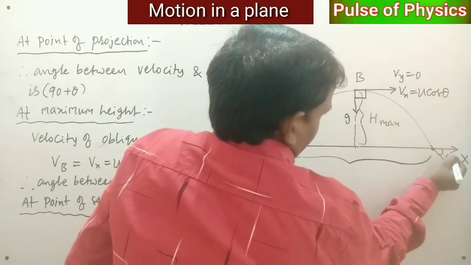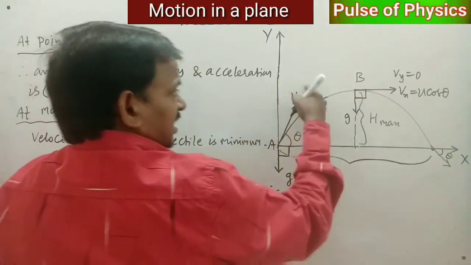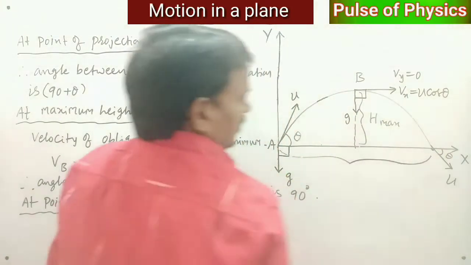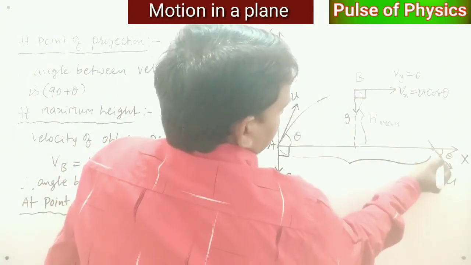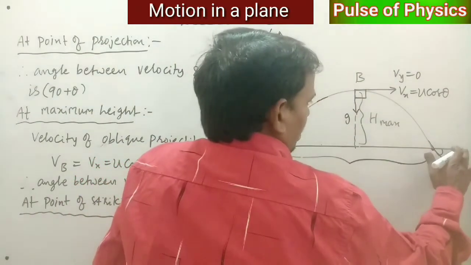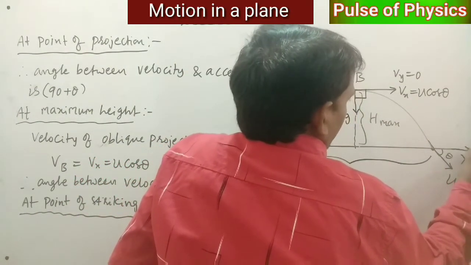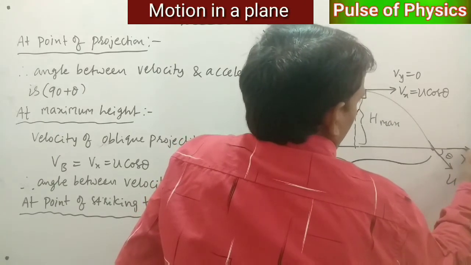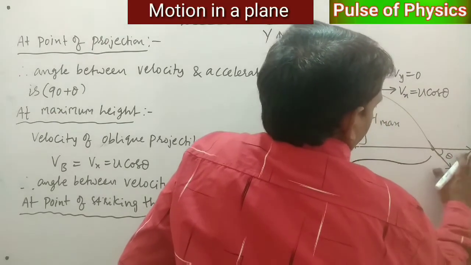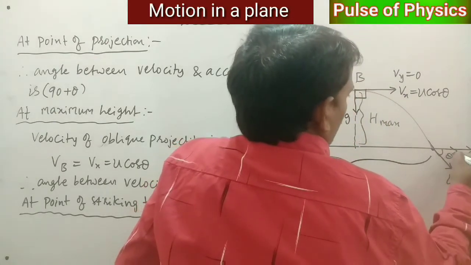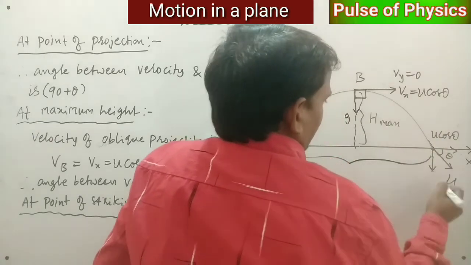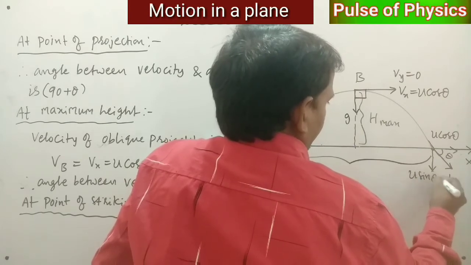It is making the same angle theta, with the same velocity, the initial velocity u. Along this tangent direction, we can resolve u into two components. Along the x direction we have u cos theta, and along the y direction, vertically downwards, u sin theta.